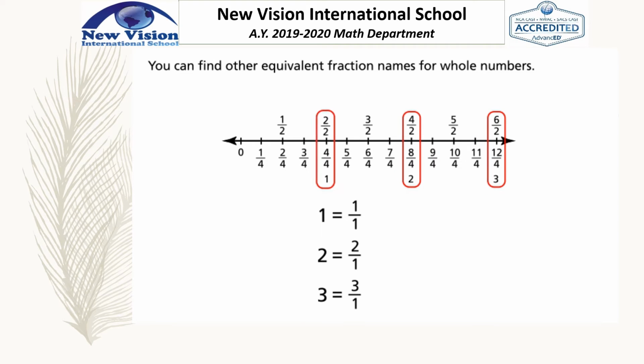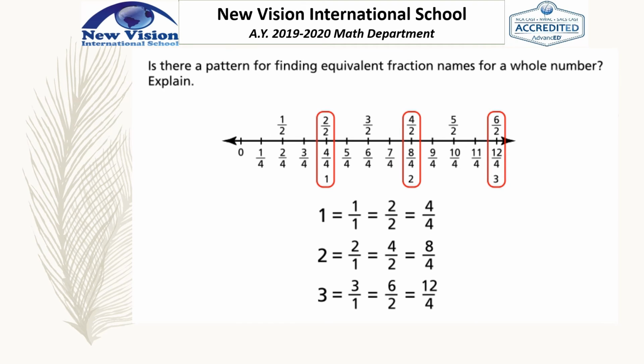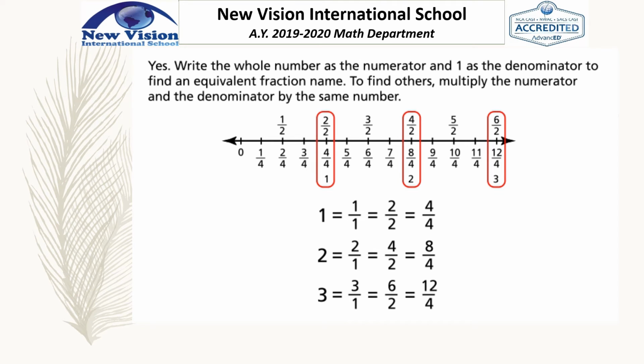There are many fraction names for whole numbers. What is another fraction name for 1? You can find other equivalent fraction names for whole numbers. Is there a pattern for finding equivalent fraction names for a whole number?